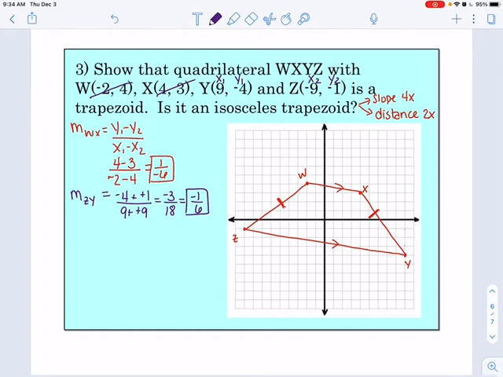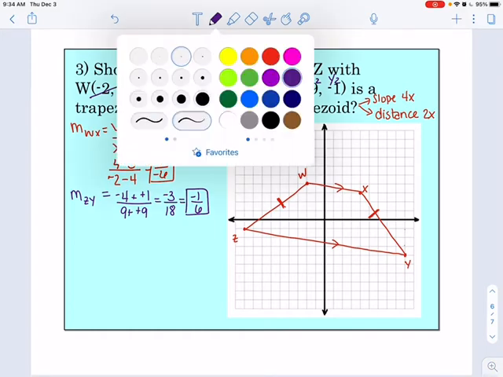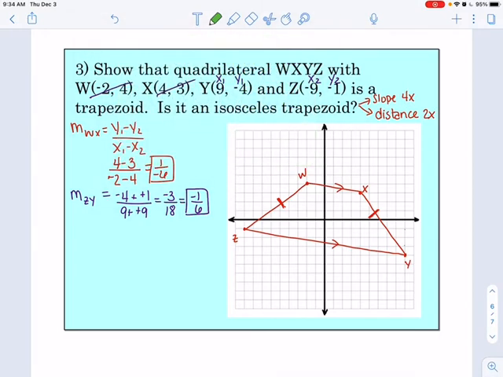So right now we've just shown that we have one pair of parallel sides. So let's talk about the other pair of sides and show that they're not parallel. So we're going to need the slope of WZ. Again, the slope formula is above, and we are ignoring everything but W and Z. So x1, y1, x2, y2.